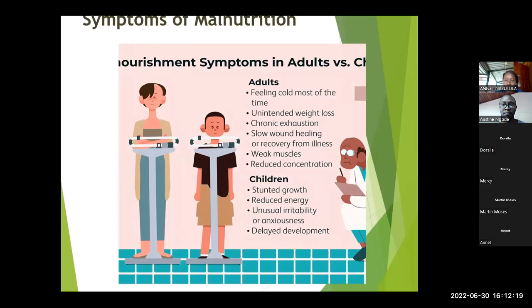For children, they will have stunted growth, reduced energy, unusual irritability or anxiousness, and delayed development. Those are the signs and symptoms in adults and in children.